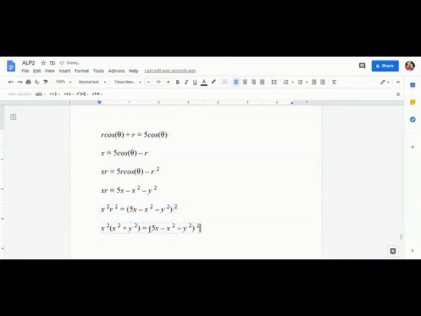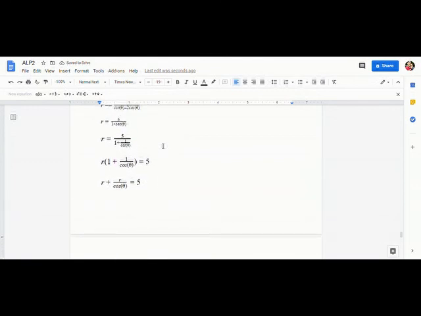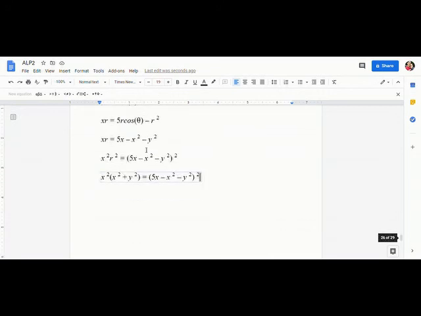And there you have this equation up here written in terms of x and y, or in rectangular form.